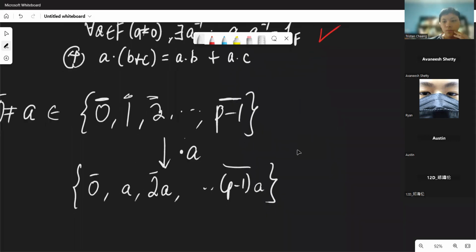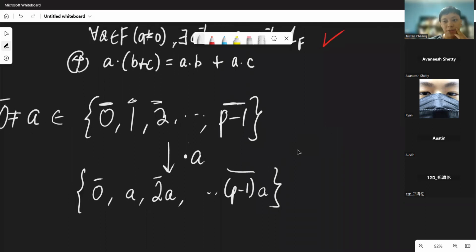Now, I claim that this only permutes the elements. So basically, 1 goes to somewhere else, 2 goes to somewhere else, p minus 1 goes to somewhere else. As a set, they are still the same set.